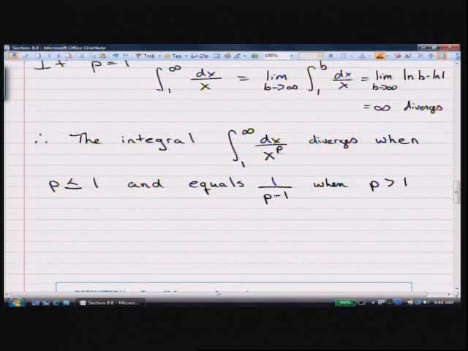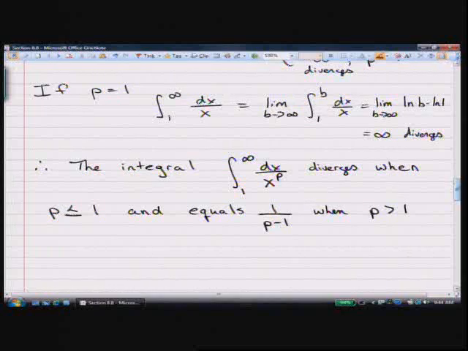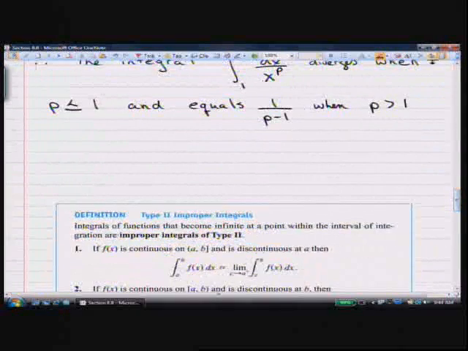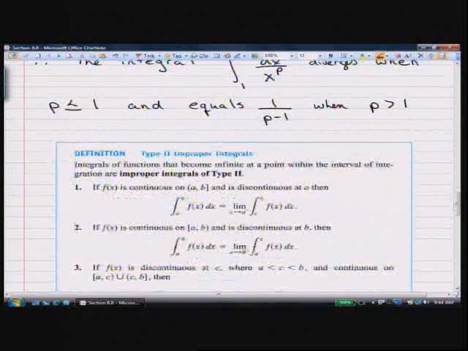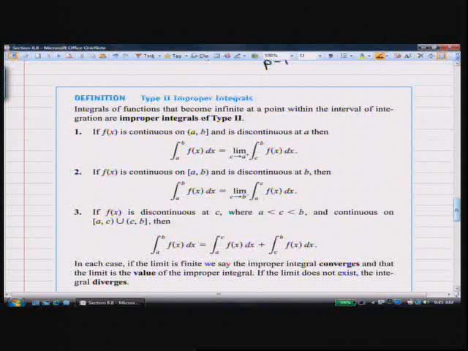Okay. All right, so the next type of improper integral that you can have is integrals of functions that become infinite at a point within the interval of integration. And these are called improper integrals of type 2. So it could be that it's discontinuous at one of the endpoints, or it's discontinuous somewhere within the interval from a to b.